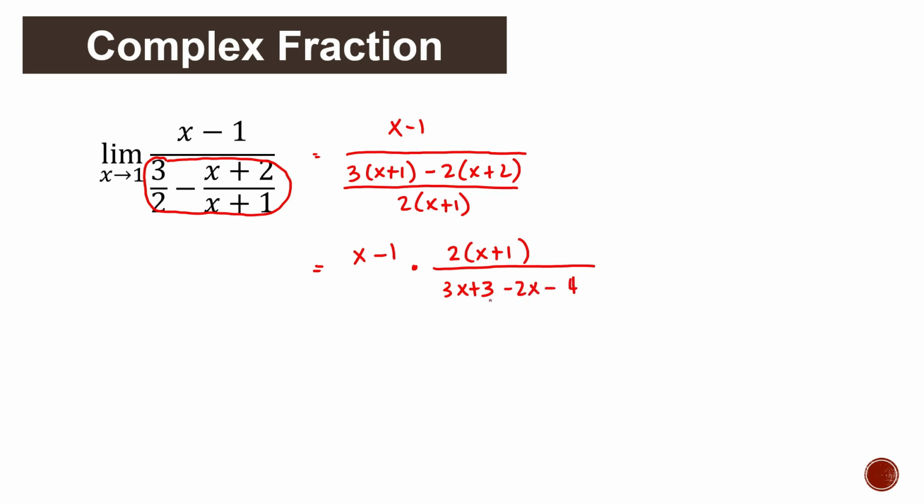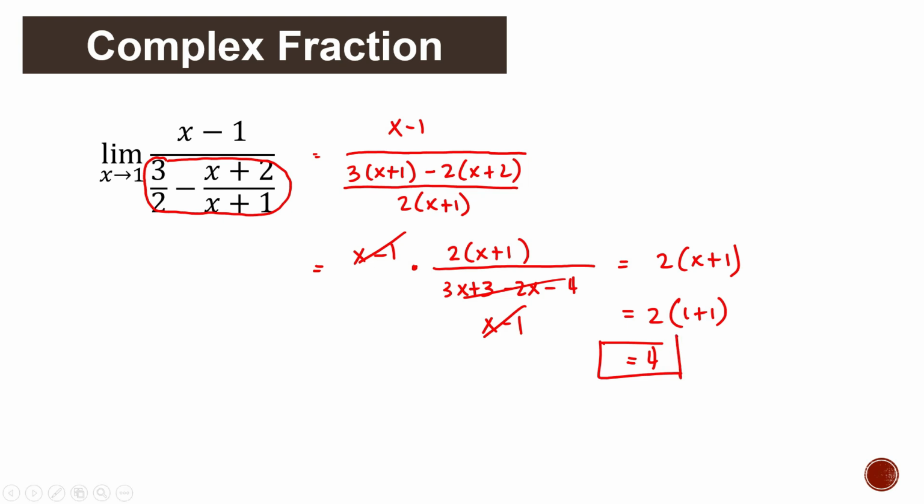So if we simplify the denominator, 3x minus 2x is x, then 3 minus 4 is negative 1, which means we can cancel that x minus 1. And that will leave us with 2 times x plus 1. So now we can do 2 times 1 plus 1, which is equal to 4.